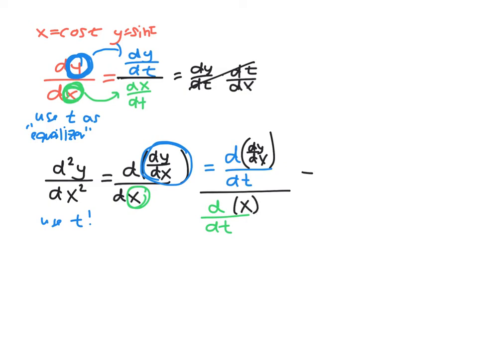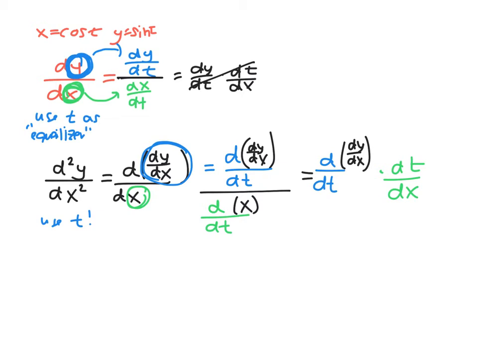Now we can see by the chain rule, if I rewrite this as a multiplication, I would get the derivative with respect to t of that first thing, dy over dx, and then that would be multiplied by the reciprocal of that fraction, dt over dx.